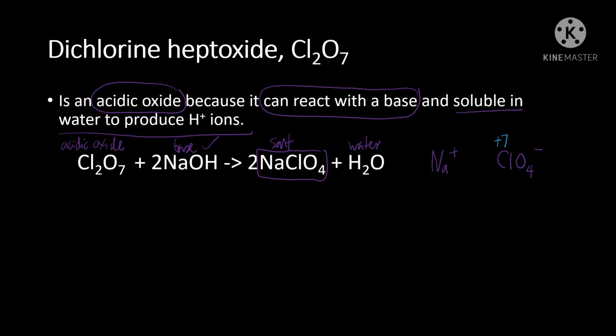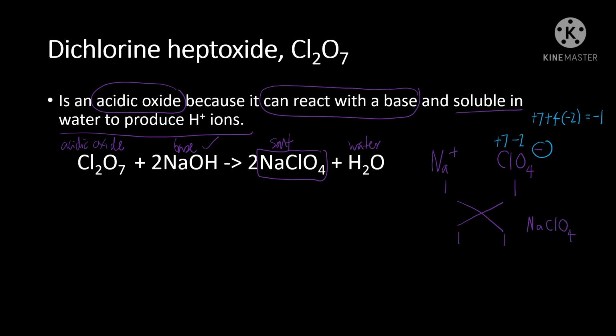And for oxygen in the perchlorate ion, the oxidation state is -2. So +7 plus 4 times -2 giving us -1 as the total charge of the perchlorate ion. Then sodium ion charge +1, 1, perchlorate ion -1, 1, cross we get 1, 1 to give the chemical formula for sodium perchlorate as NaClO4.